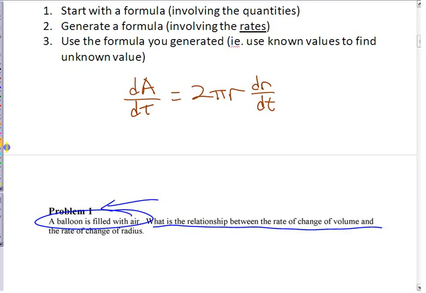You have to expand your understanding of the word variable past the grade 8 definition. What would grade 8 say? If I ask what's a variable, they'd say a letter. They wouldn't recognize that that's a variable. You can use more than one symbol for a variable. That's one variable, the rate of change of radius.